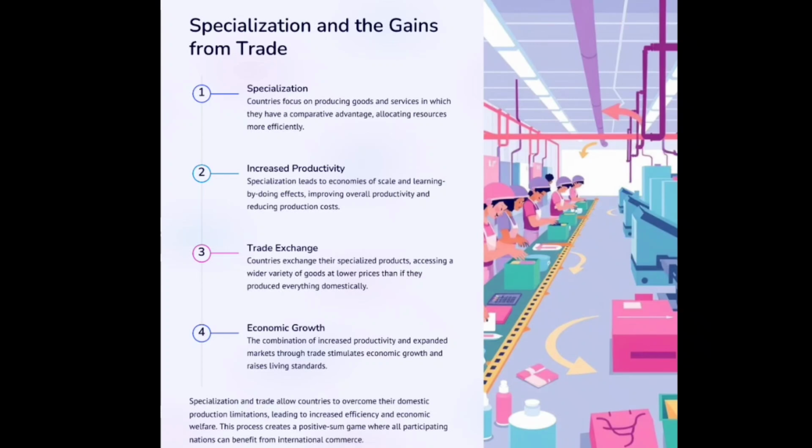Specialization leads to economies of scale and learning-by-doing effects, improving overall productivity and reducing production costs. 3. Trade exchange. Countries exchange their specialized products, accessing a wider variety of goods at lower prices than if they produced everything domestically.